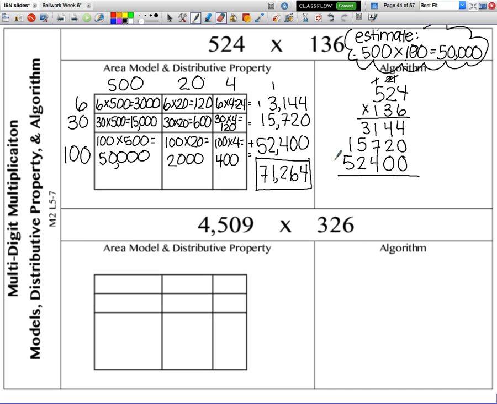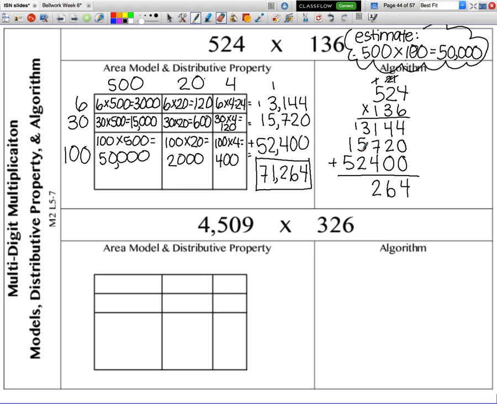Make sure that you're being really careful that your numbers aren't getting all wacky and out of order so you can clearly see which numbers you have to add. They have to be lined up correctly or you're going to end up with a crazy town answer. So now we add. 4 plus 0 is 4. 4 plus 2 is 6. 7 plus 1 is 8. Plus 4 is 12.